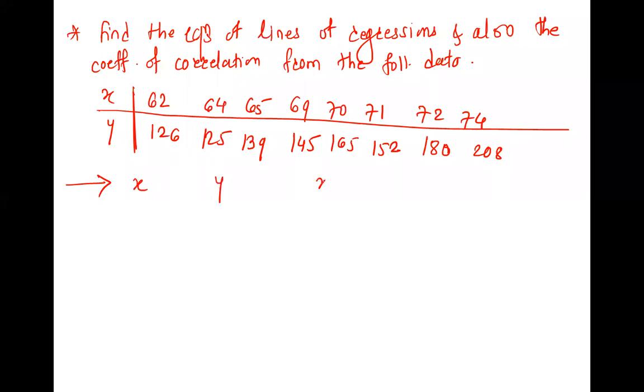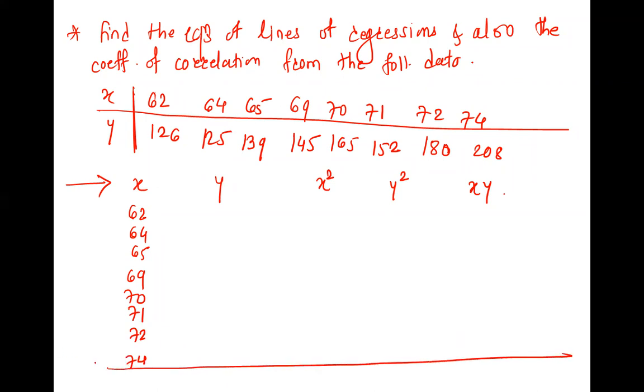So go with the table first. For R, we need a table like this. Complete the table: 62, 64, 65, 69, 70, 71, 72, 74. And here we need summations of all of them. Chalo, bring out your calculator.